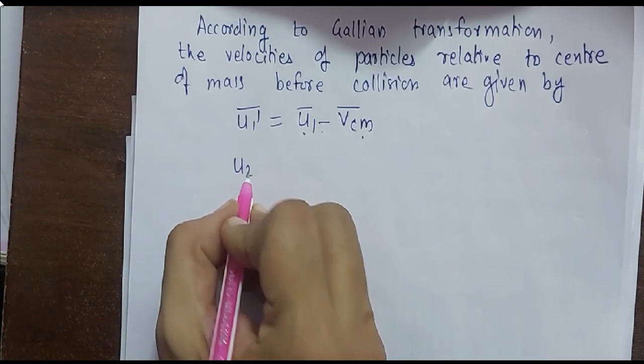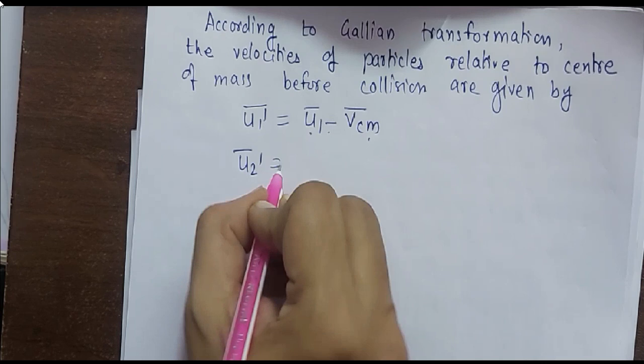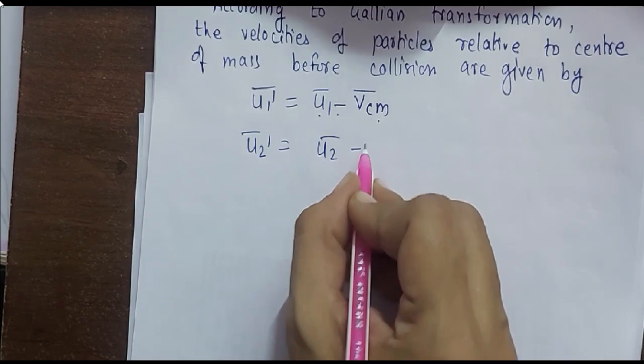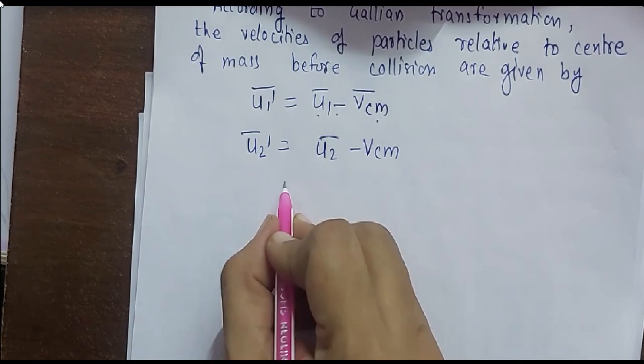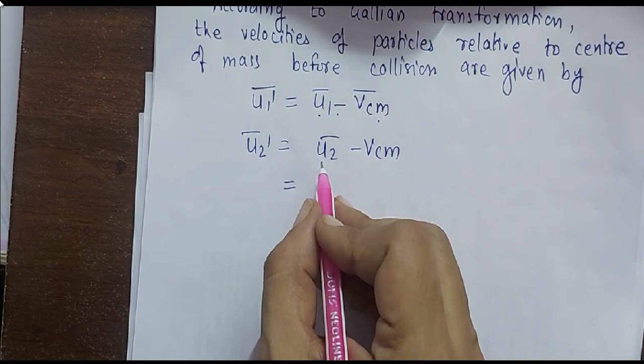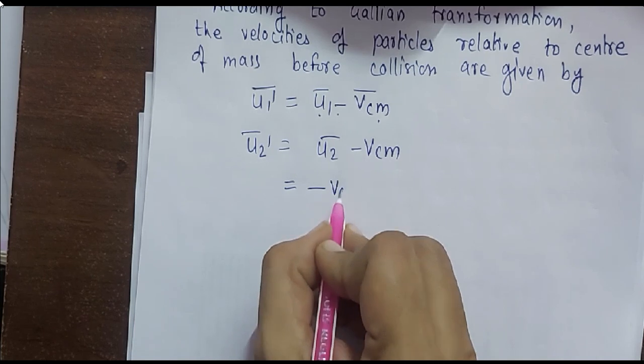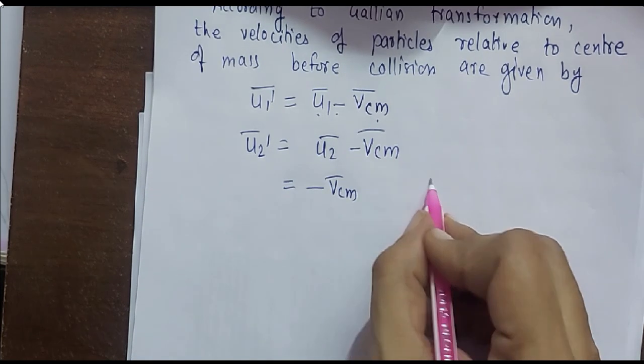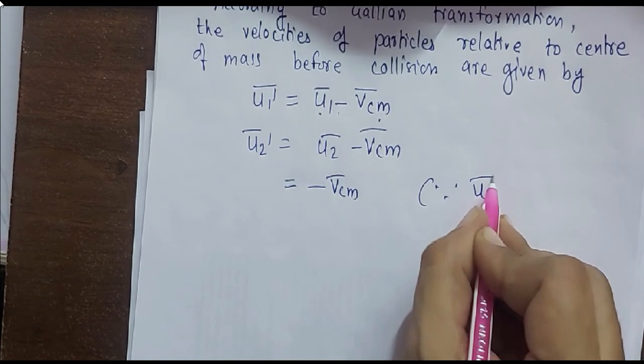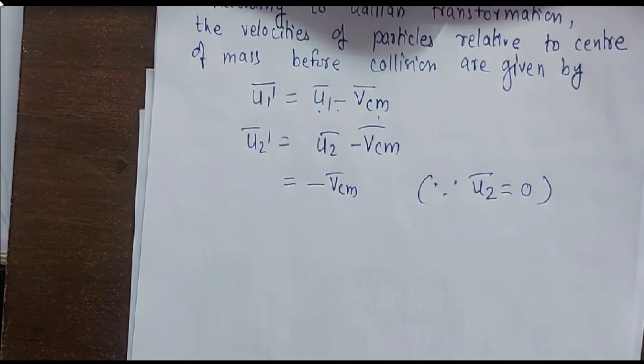Similarly, u2 bar is equal to u2 minus vcm. But we know that the second particle is at rest, means u2 is equal to 0. So simply this equation becomes minus V bar cm, since u2 is equal to 0.